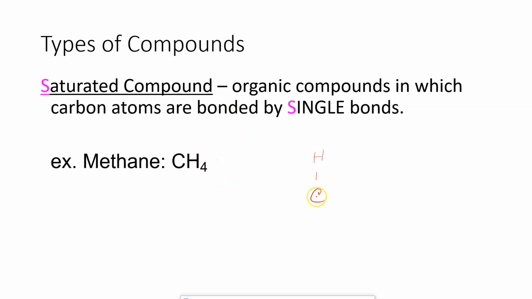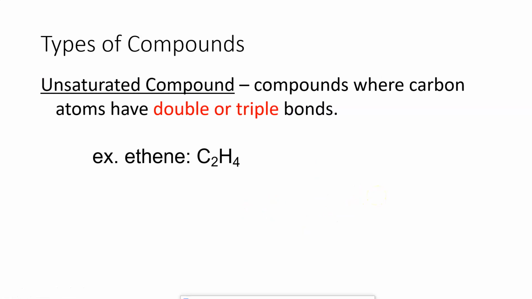Methane is a carbon with 4 hydrogens like this, right? Only single bonds. Now, if we have 1 or more either double or triple bonds, then that compound is going to be part of the unsaturated compounds, right? For example, ethene. Ethene has a double bond there, and that makes it an unsaturated compound.